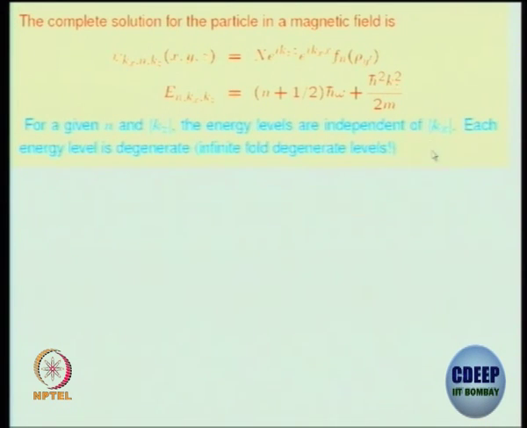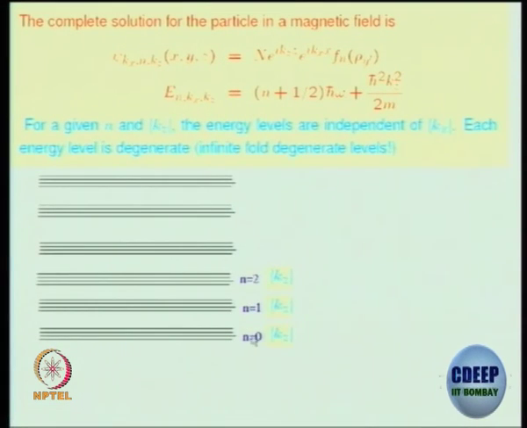There is a degeneracy. kx can be anything for a given n and a given kz, which means there is an infinite fold degeneracy in the wave functions. You can have many possible wave functions for different kx, but a specific n and a kz. Highly degenerate, infinitely degenerate.